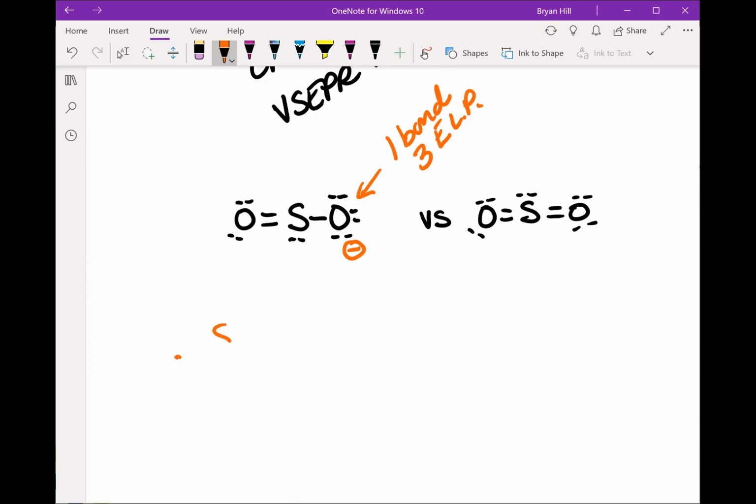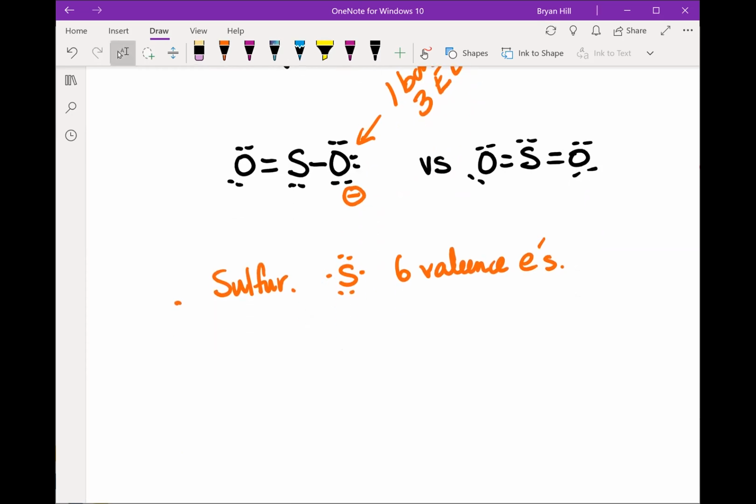Okay, so sulfur. Sulfur normally has got 6 valence electrons. It's right underneath oxygen. So let's look at the sulfur right here first.